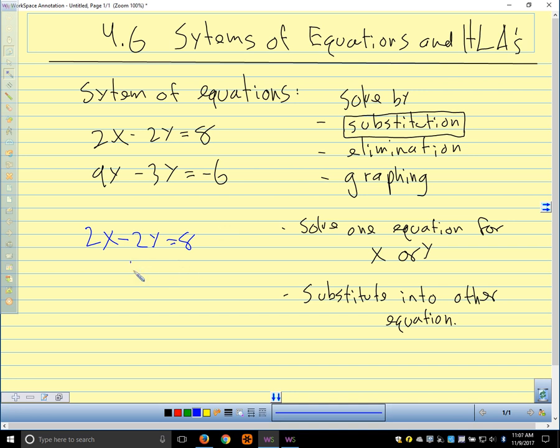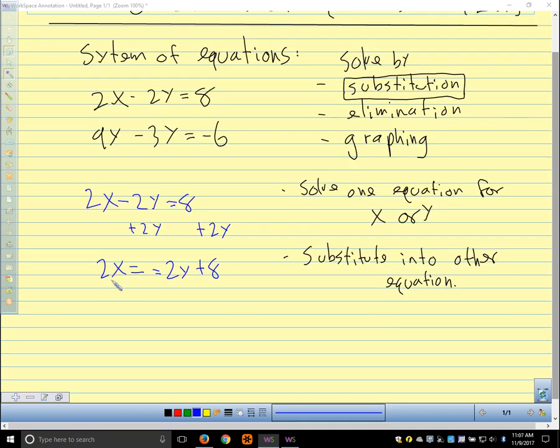So I'm going to add 2y to both sides. So I get 2x equals, these go away, and I get 2y plus 8. I want to get x by itself, so I divide everything by 2. So I get x equals y plus 4.